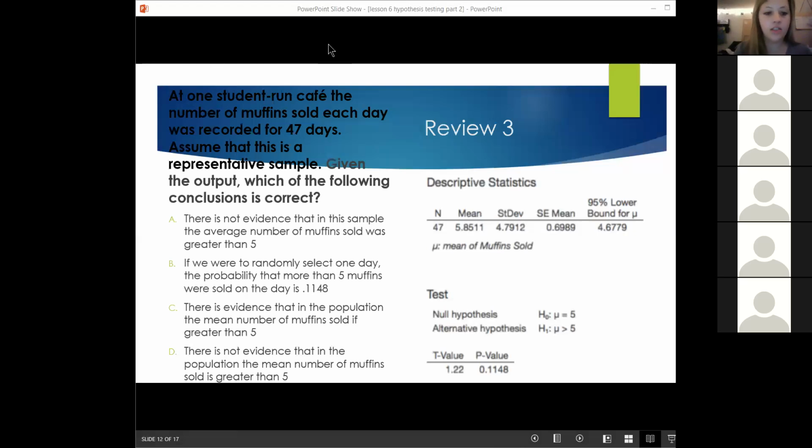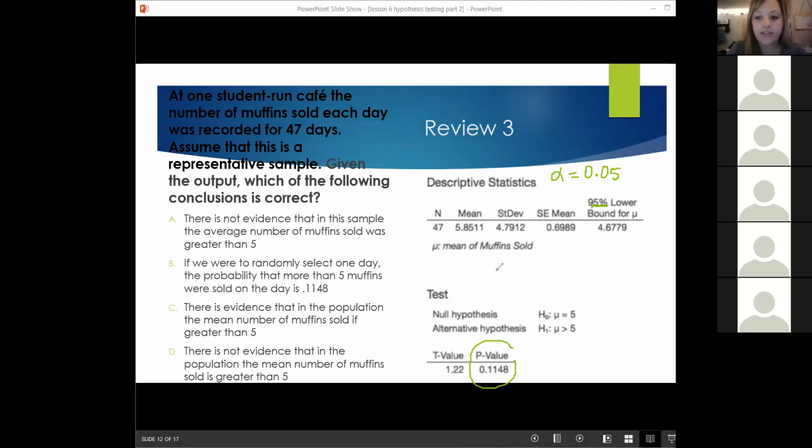Okay, great. Good job, guys. So in this case, we want to check out our p-value. We're talking about a 95% confidence interval, so remember that alpha is 0.05 if we're not given it.